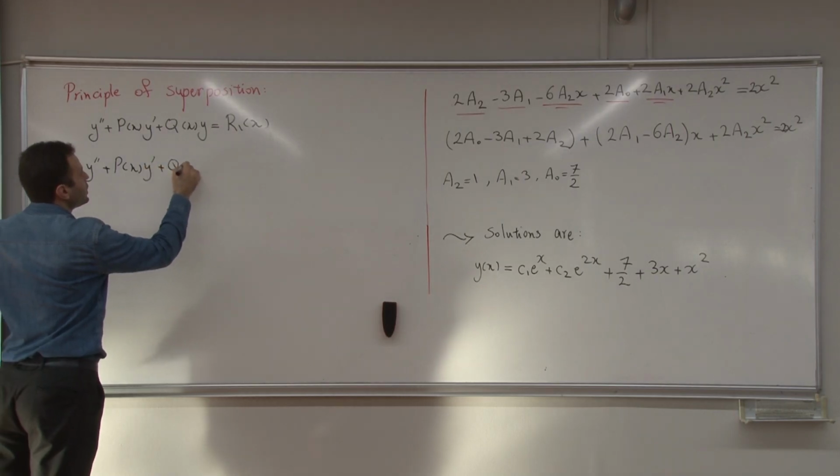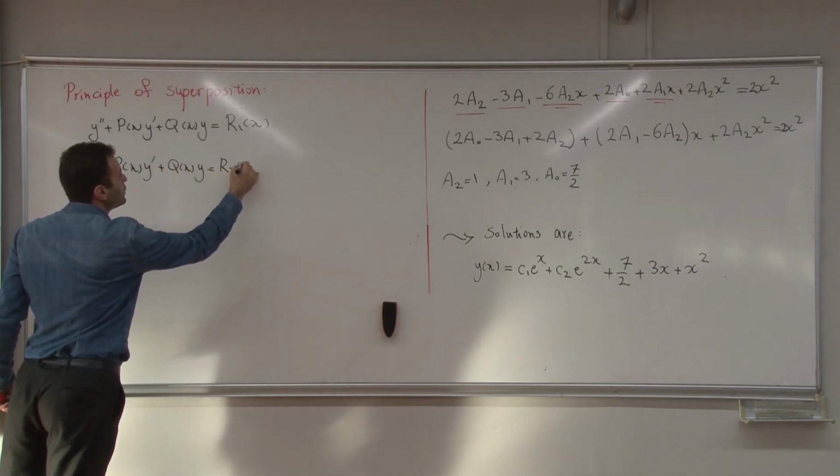y double prime plus px y prime plus qx y equals rx.